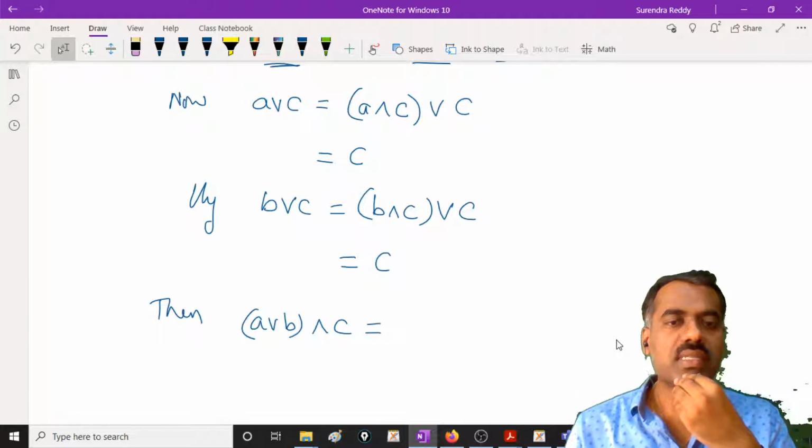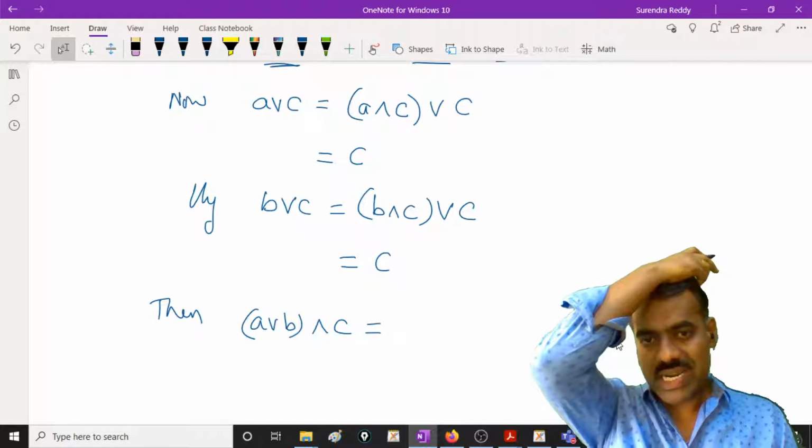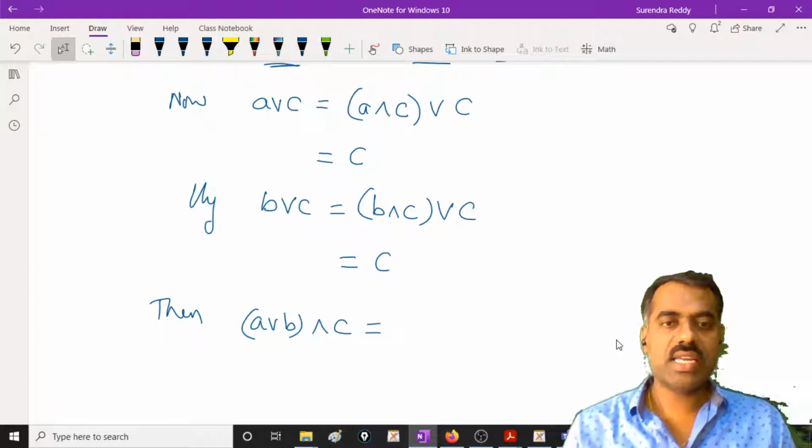A join C, but from that we don't get anything, right? From that we don't get anything.